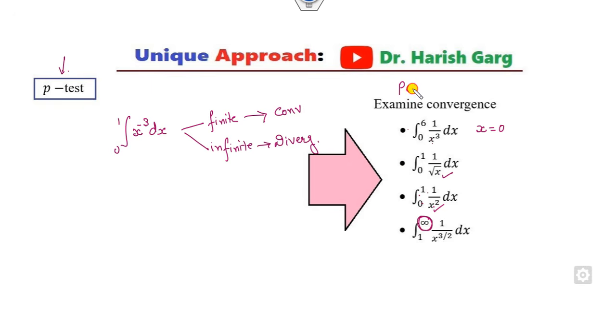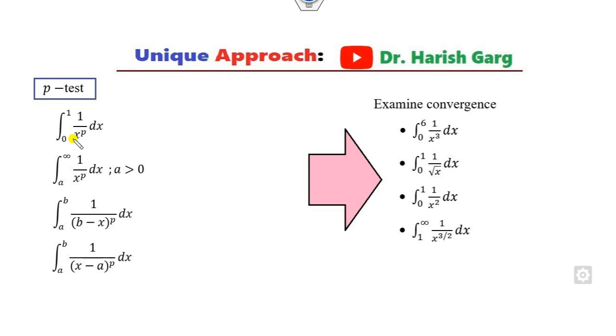First one, type 1, is when you get a polynomial in your denominator. You can see here, whenever you get a polynomial, 0 is the singular point, infinity is a singular point, b is a singular point, and a is a singular point. Look at that.